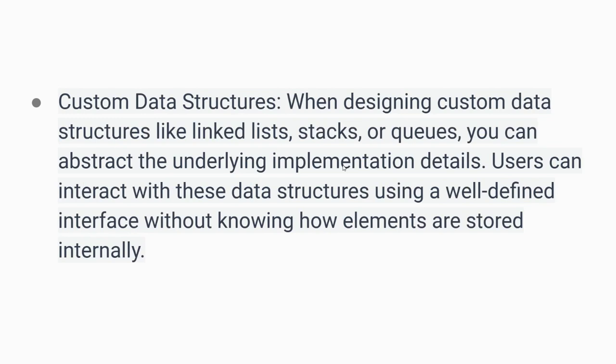Custom data structures. When designing custom data structures like linked list, stack, or queues, you can abstract the underlying implementation details. Users can interact with these data structures using a well defined interface without knowing how elements are stored internally.